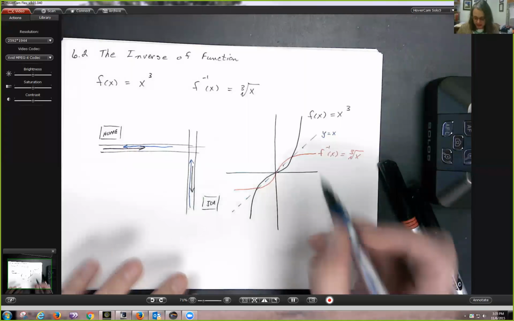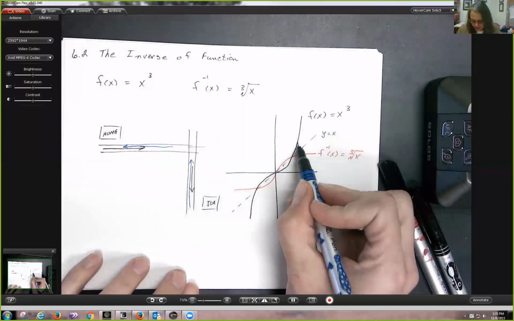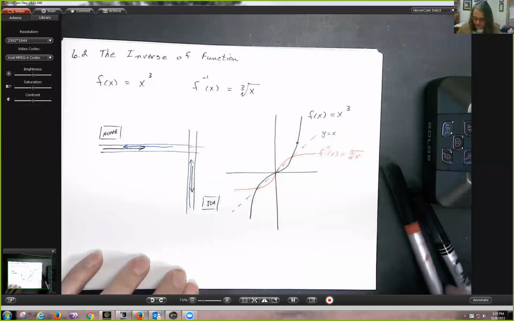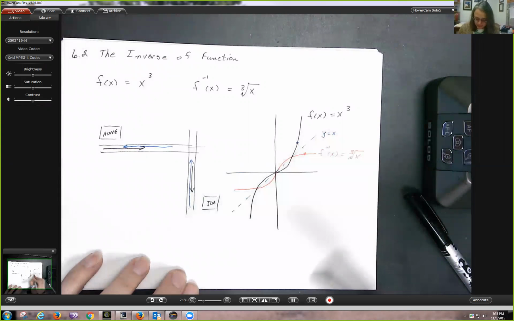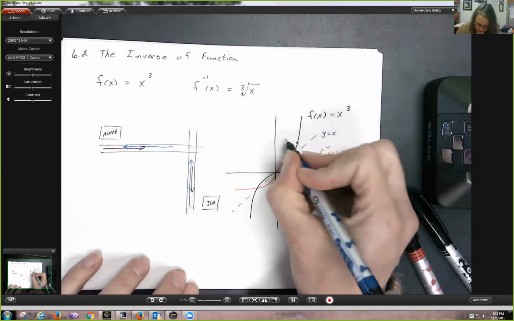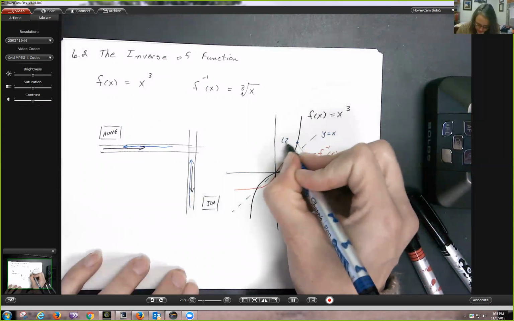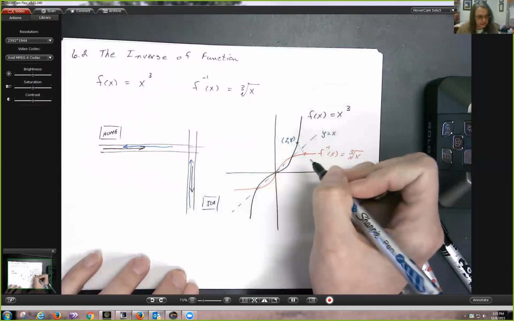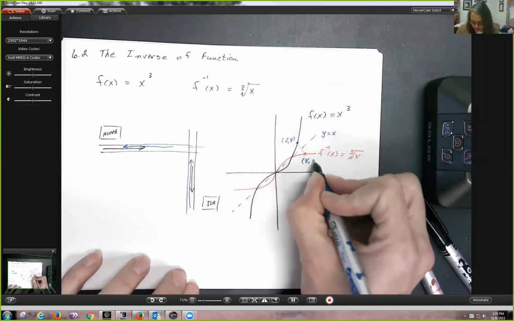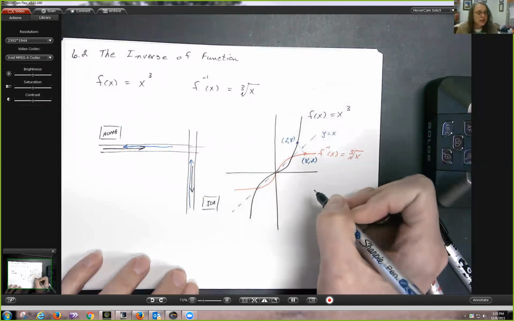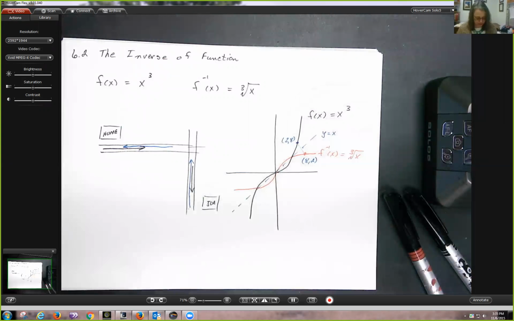In other words, if I mirror this point on the function across that plane, if this is, say, (2, 8), then the corresponding point on the inverse will be (8, 2). The x's and the y's are reversed.